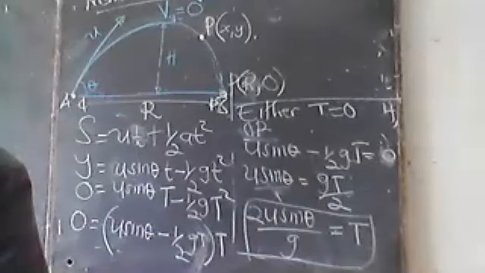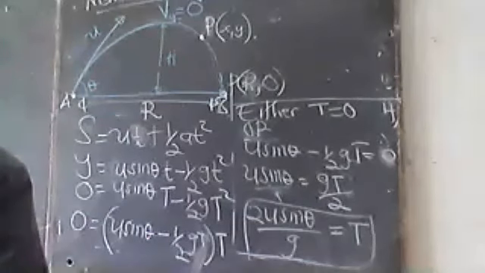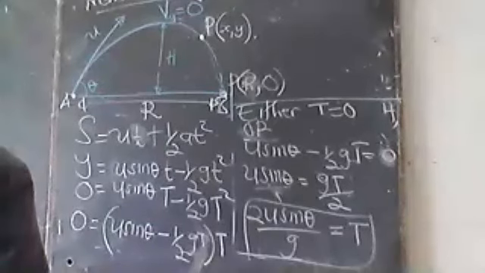What do you deduce? What do you conclude from this? From T equals 2u sine theta over g, do you realize that the whole of this one was small t?